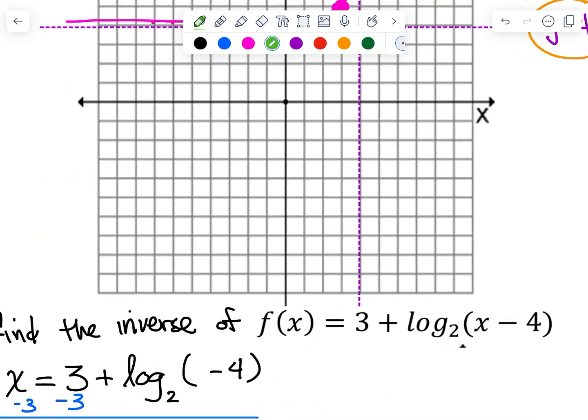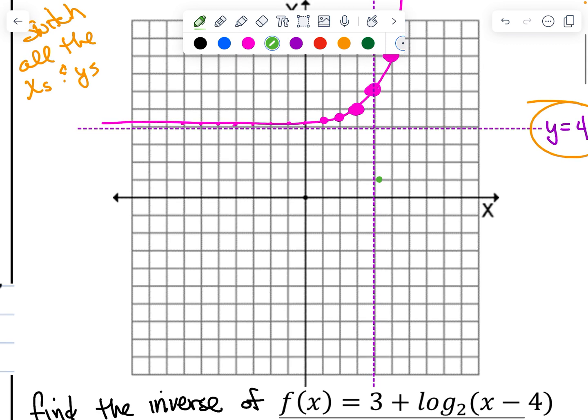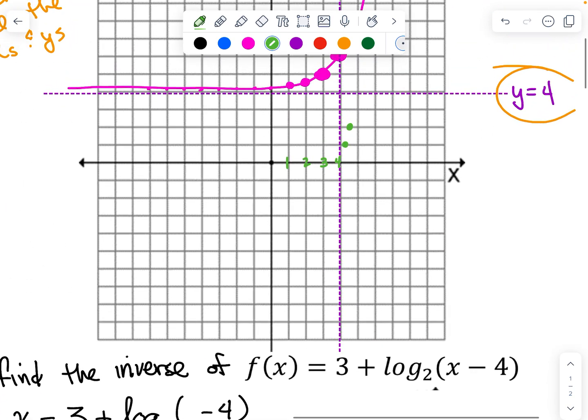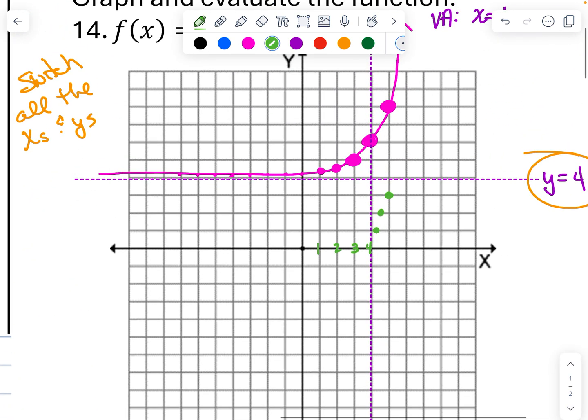4 1/4, 1 will be about right there. 4 1/2, 2 will be about right there. Because this is 1, 2, 3, 4, right? 5, 3 will be here. 6, 4 will be here.